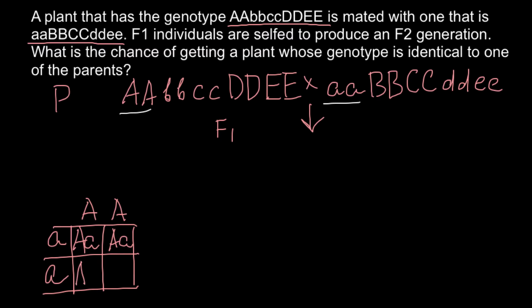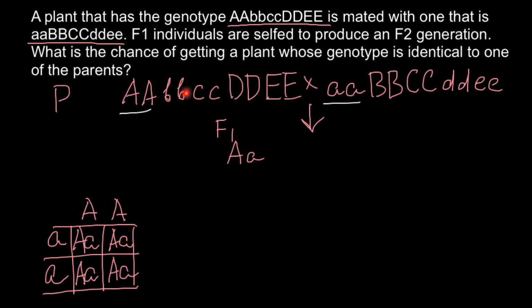No other variants are possible. So the progeny is going to be heterozygous for the gene A, because parent 1 can produce only a gamete that has the capital A allele, and parent 2 can only produce a gamete that has the small a allele. So this is only one variant here.